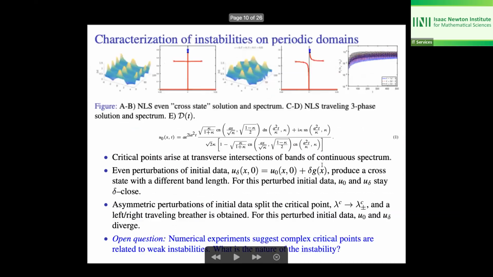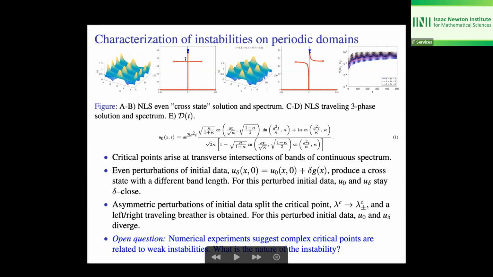Okay. So in the higher order NLS experiments, the complex critical points become important since the higher order terms break symmetry. In figures A and B, we have a standing wave, even three-phase solution, and it's associated with what's colloquially called the cross state in the spectrum.